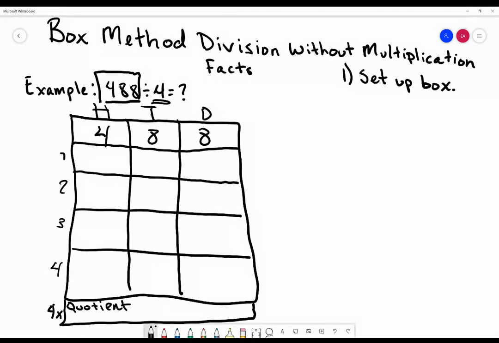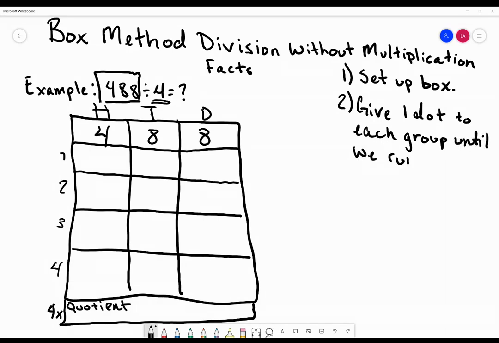Okay, so now that we have our box set up, we are going to give 1 dot to each group until we run out. Okay, so we're going to start with the hundreds digit, which is the 4.